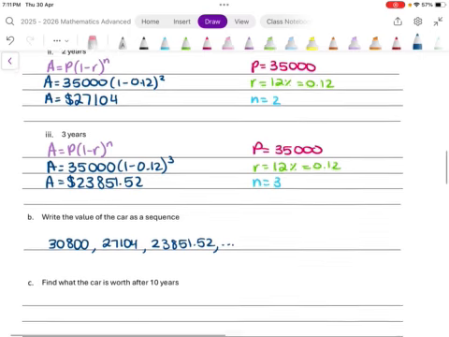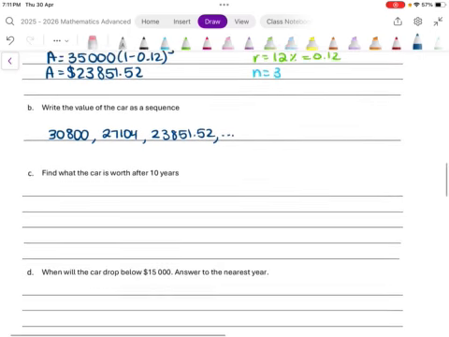Now, what we want to do for part C is find what the car is worth after 10 years. So we want to find the TN formula here. TN is equal to AR to the power of N minus 1 is what's going to be helpful. Our A is our first term in our sequence, so A equals 30,800.